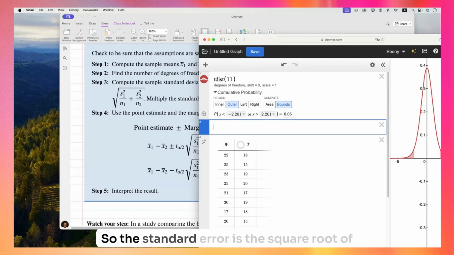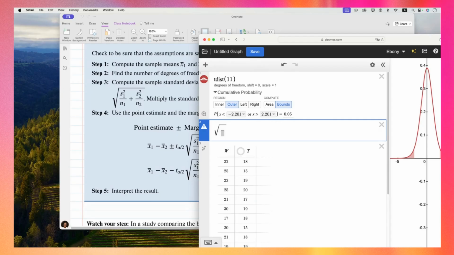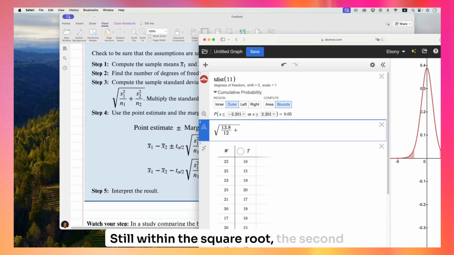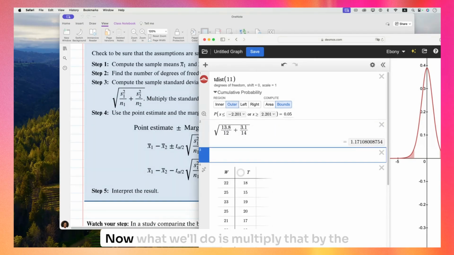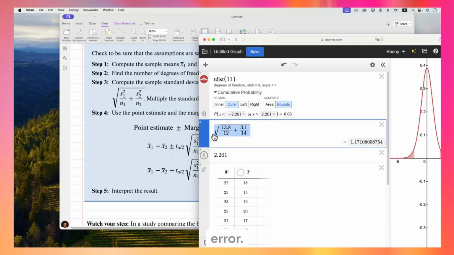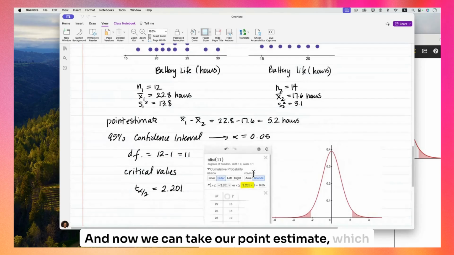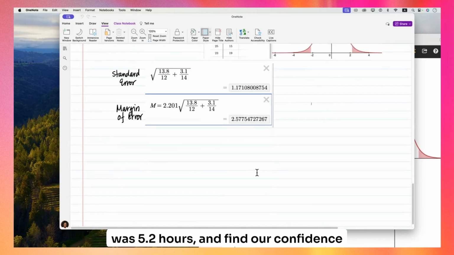The standard error is the square root of these two quotients added together: the variance of sample 1 divided by its sample size, plus, still within the square root, the variance of sample 2 divided by its sample size. Now what we'll do is multiply that by the critical value, and we'll have the margin of error. I'm going to label this M. And now we can take our point estimate, which was 5.2 hours, and find our confidence interval.